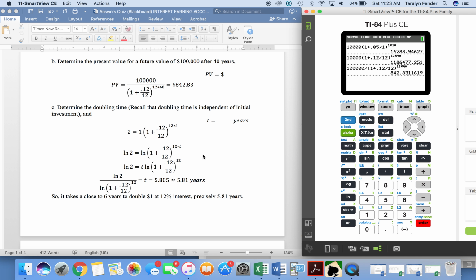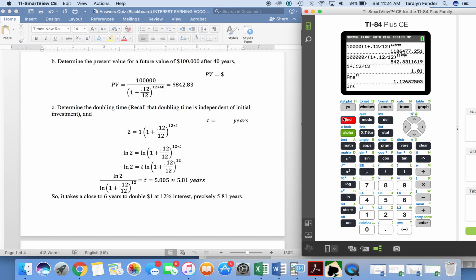I'm going to find out what this value is right here first. 1 plus 0.12 divided by 12, and then I'm going to raise that to the 12th power, and then take the natural log of that entire answer.